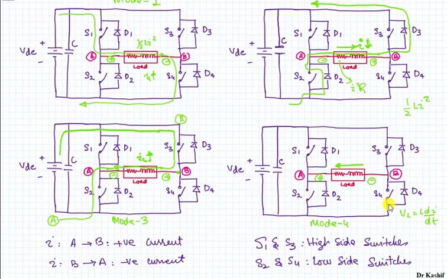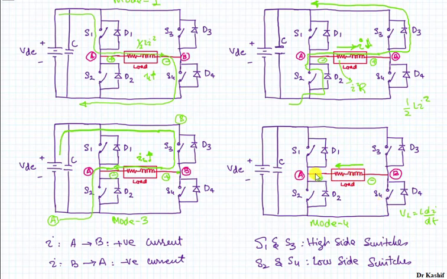So diode D4 will be turned on, and because we have the positive voltage over here, diode D1 will be turned on, high positive voltage with respect to this VDC. So this is only because of the induced voltages across the inductor, right? So we should explain in that way.